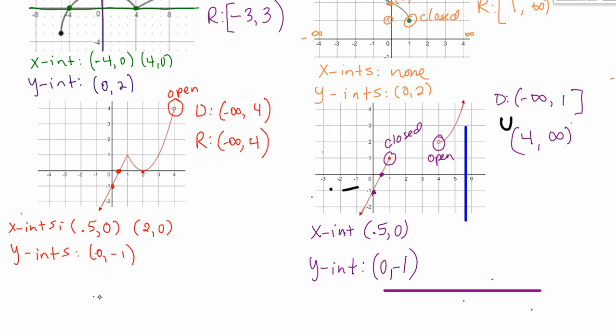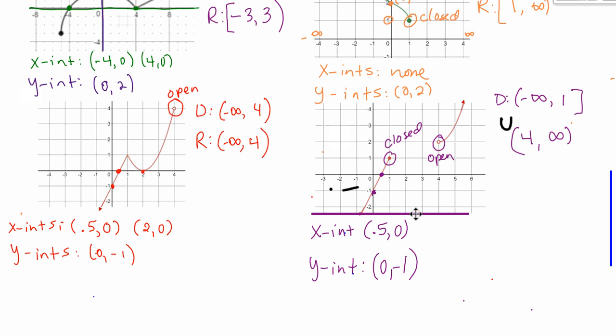Okay, let's talk range. So here's my fancy little stick. Oh, let's get this blue one out of the way. Okay, start in the middle of the graph. Going down, goes down forever and ever and ever. So the range goes from -infinity, that's the lowest, up to right there it stops. So it goes up to 1. That hole is closed, so it's going to be a bracket.